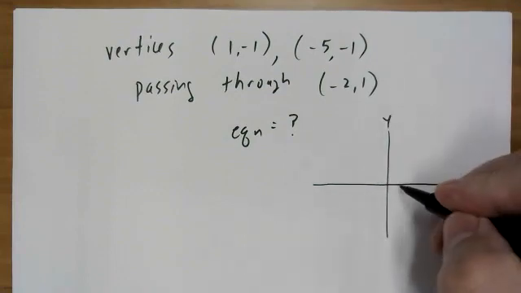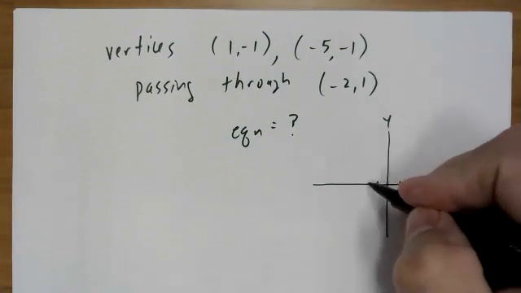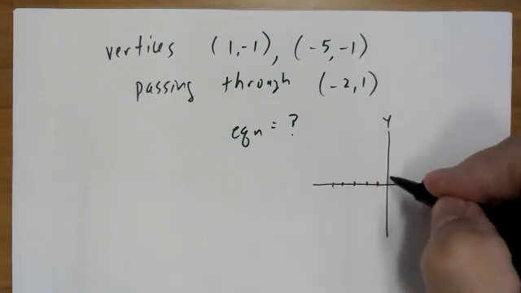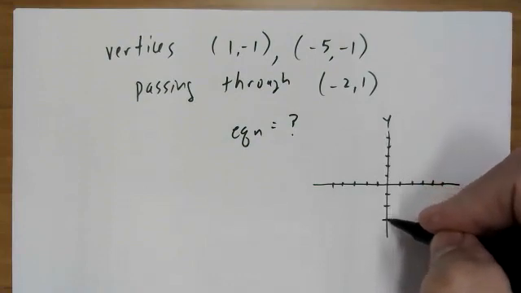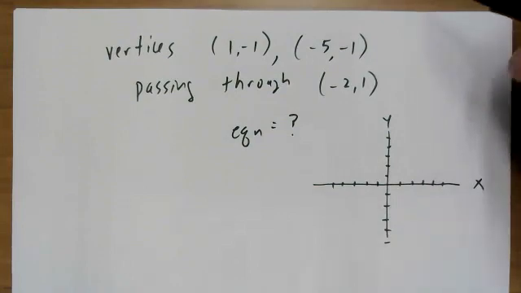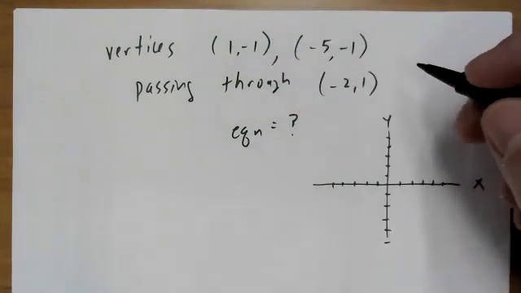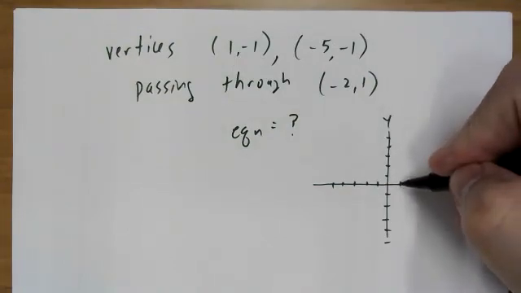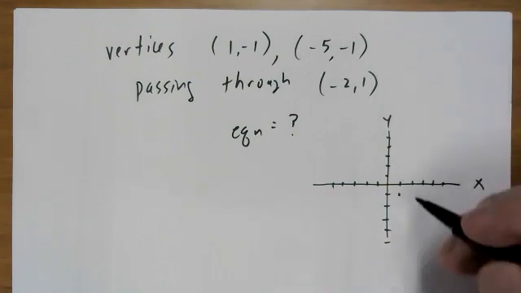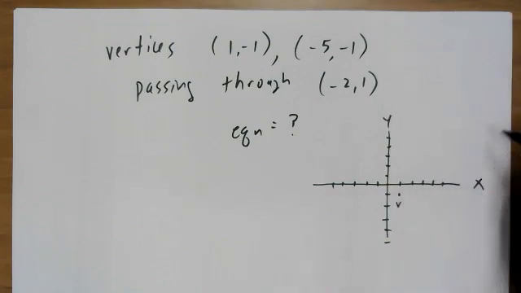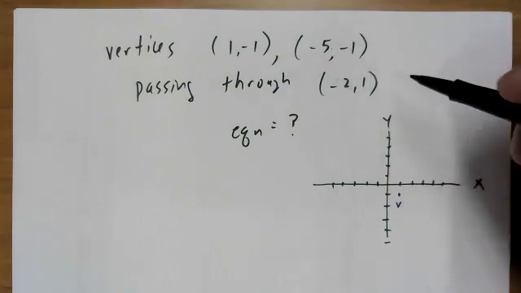So let's go 2, 3, 4, 5. So the major vertices, or the vertices, are 1, -1. So let's be careful to graph this. So 1 in the x direction, -1. So there's one vertex. Go ahead and put a little v there. Then the second vertex is -5, -1.